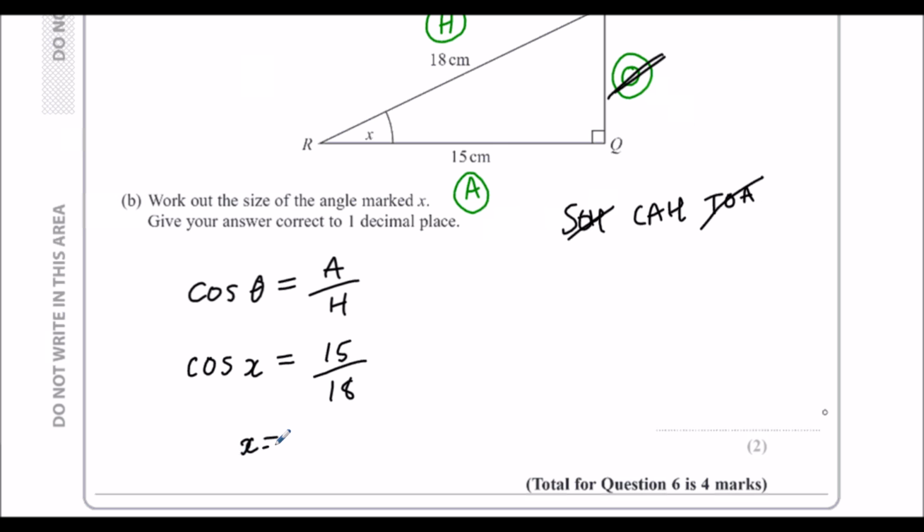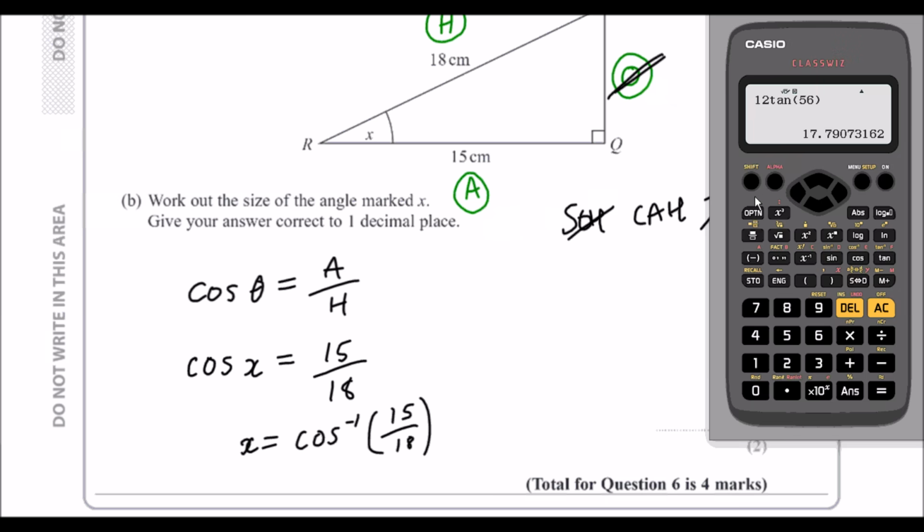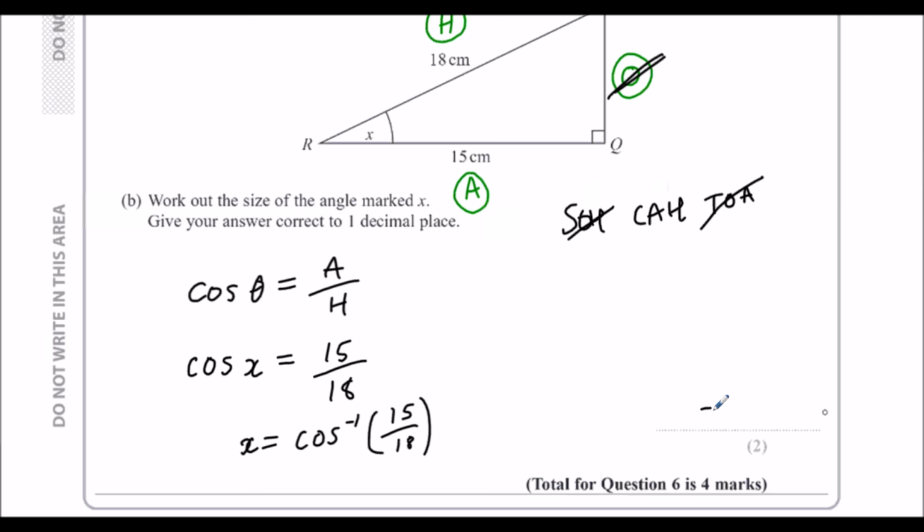So x is shift cos, cos minus 1, arc cos, 15/18. And we'll just type that in the calculator. So shift then cos, 15/18. And we get an answer of 33.6 degrees.